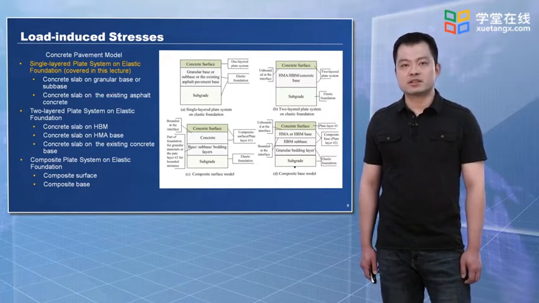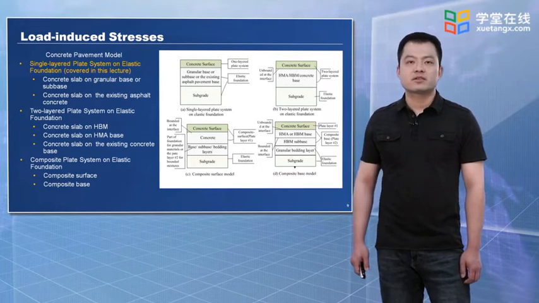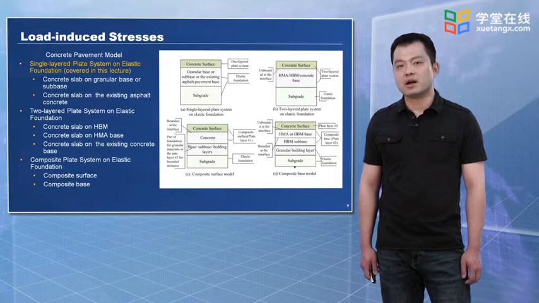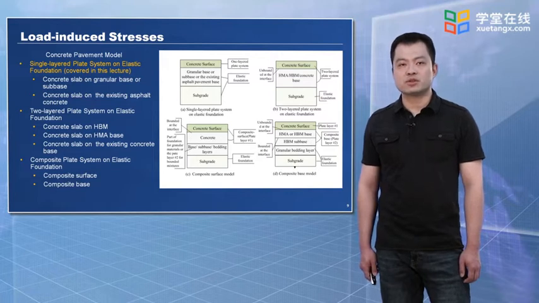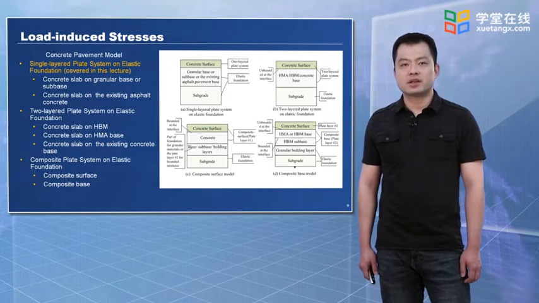Single-layered plate system is illustrated in figure A. It could be a concrete slab on granular base or subbase, or concrete slab on the existing asphalt concrete. Two-layered plate system is shown in figure B. The base could be HBM base, HMA base, or the existing concrete base.